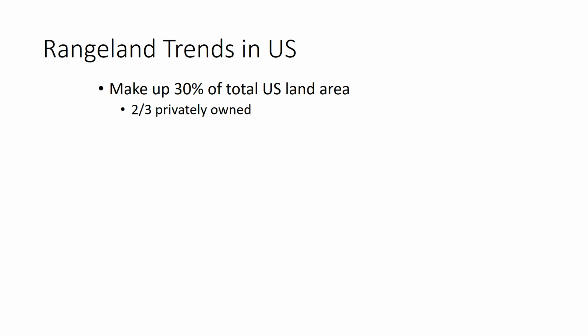So yeah, like I said, about a third of the U.S. land area is our rangelands. Two-thirds of that is privately owned, so ranchers and so on that own their own land. Again, when things are privately owned, they tend to be better taken care of. All right.